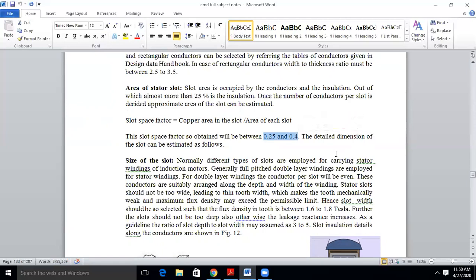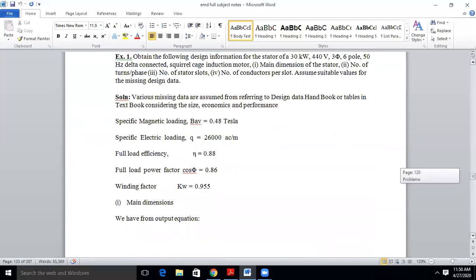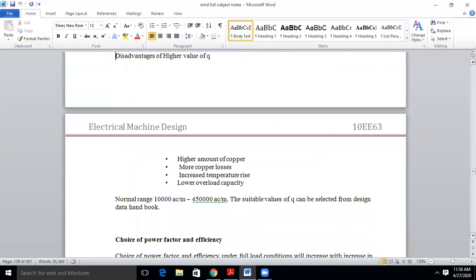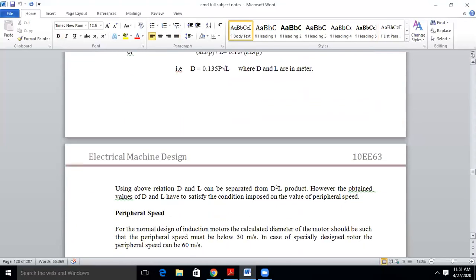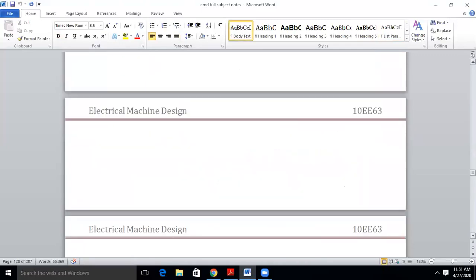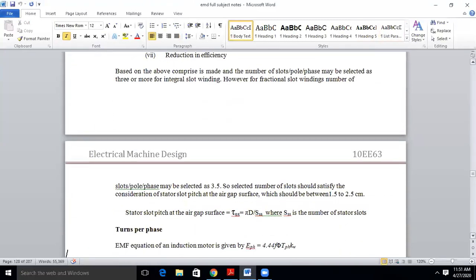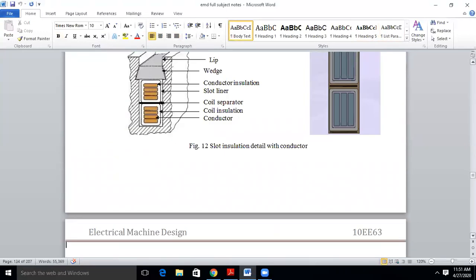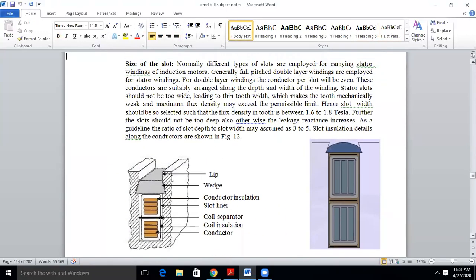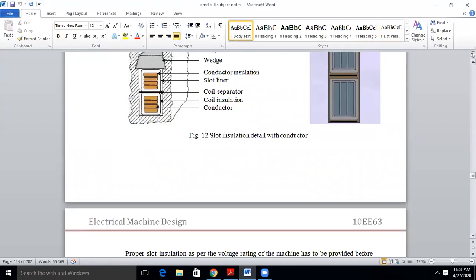The detailed dimensions of the slot can be estimated as follows. Here you can see the design of this stator slot, and we will see how that design is done. Here it is the slot insulation detail with the conductor.